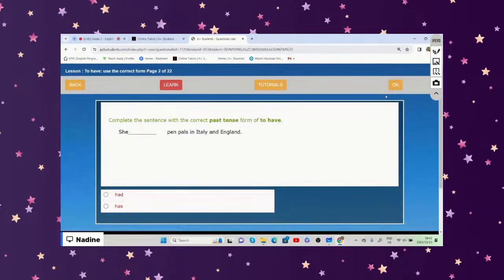Now we need to complete the sentence with the correct past tense form of to have. The past tense. So we say she, in the past tense.